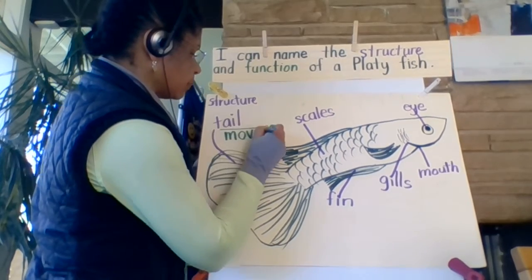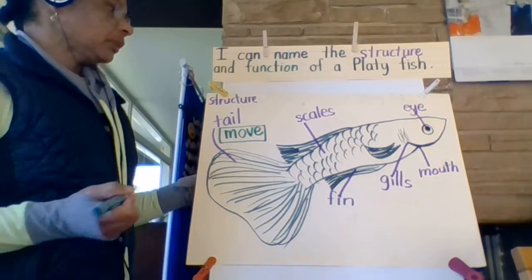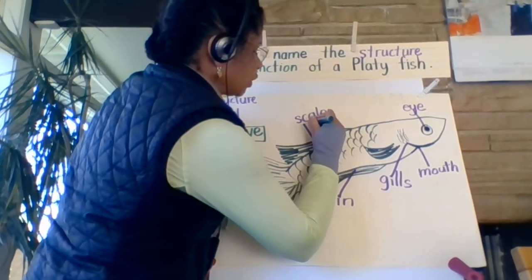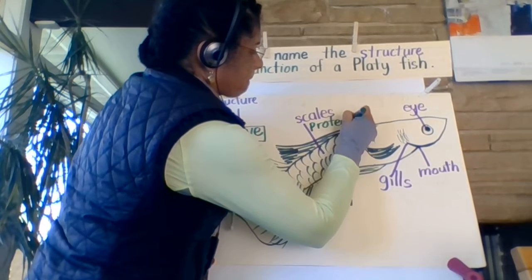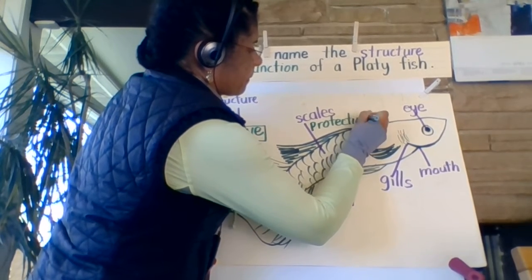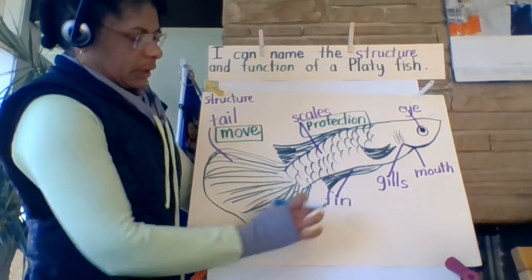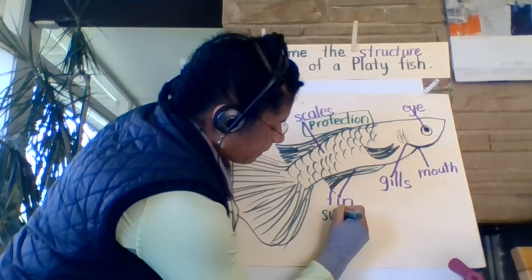So they use their tail to move. They use their scales for protection. They use their fins to swim.